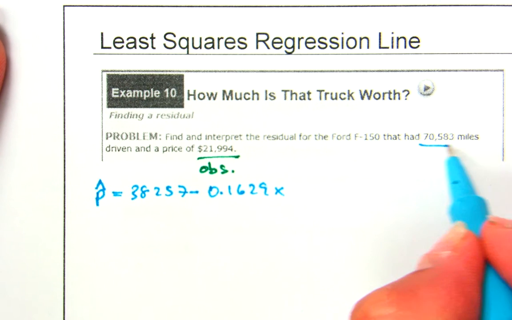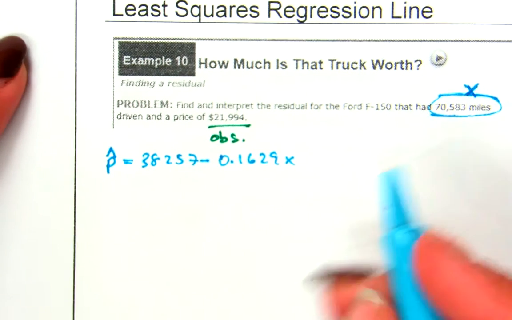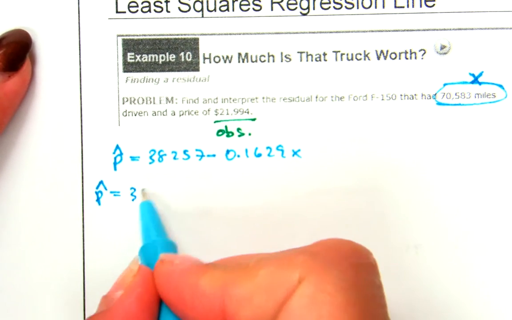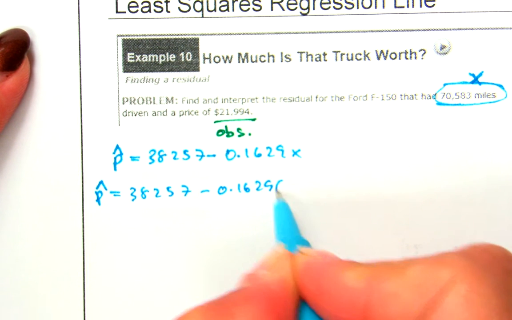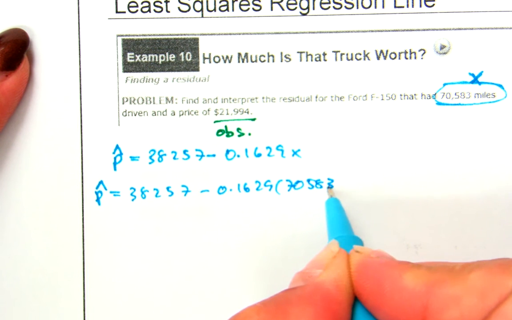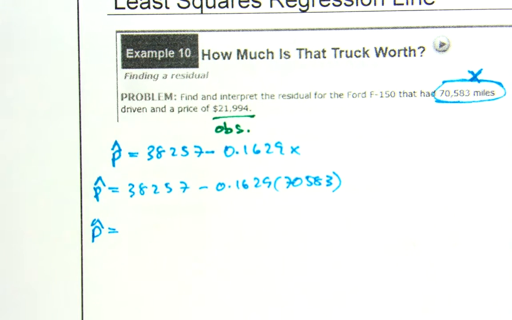Well, the miles is going to be your x. This is the same process we did in the previous one. So p hat, or price, is going to be 38257 minus 0.1629 multiplied by 70583.